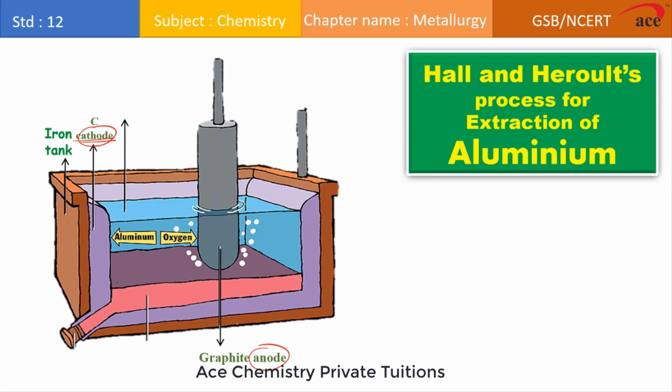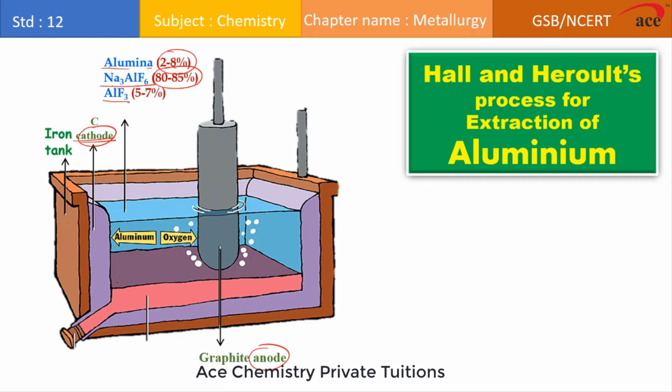Now in this tank we are taking a mixture of three different electrolytes. The major electrolyte that we are taking here, if you see the percentages: alumina, that is Al2O3, is 2 to 8%. Cryolite, that is Na3AlF6, is taken 80 to 85%.